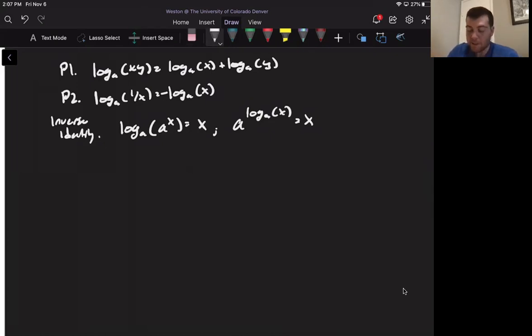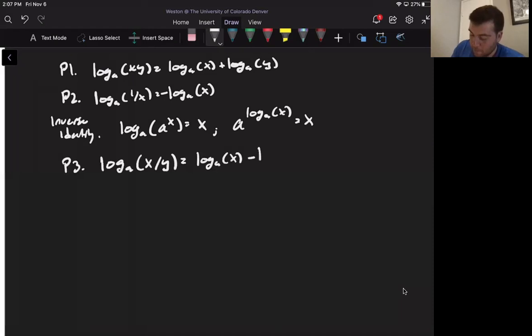Now what we're going to do is use these 3 identities to talk about a couple more properties. So property 3, this is going to be our division property. Log a of x divided by y equals log a of x minus log a of y.